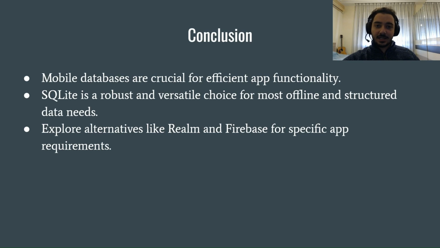However, it's important to be aware of each database's limitations and strengths. Alternatives like Realm and Firebase can address specific app requirements, such as real-time syncing, so you have to check your needs before settling on a mobile database to use.